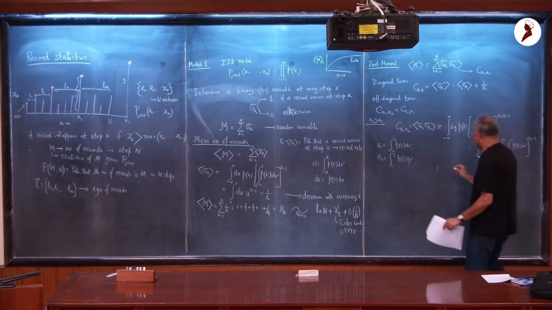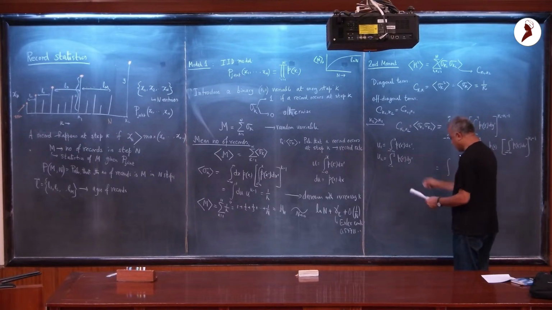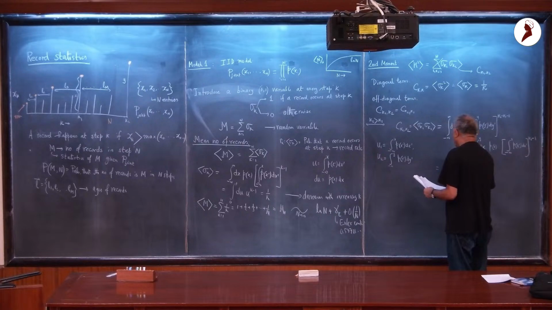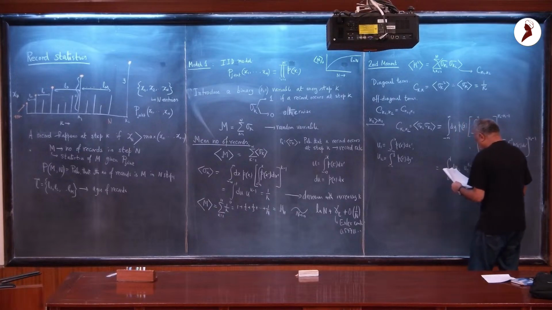So then you see immediately, if you just make this change of variable, that y is associated with U2. It's the same trick basically. So you map any cumulative distribution to uniform distribution.